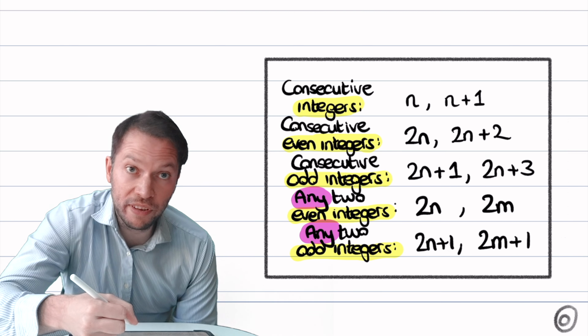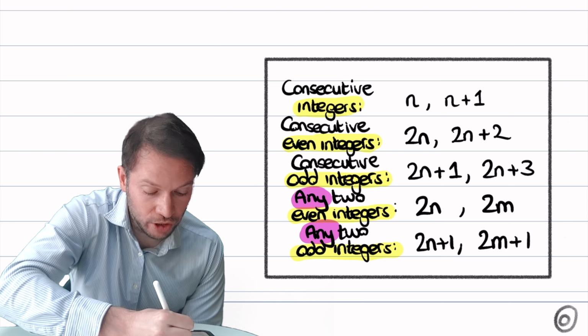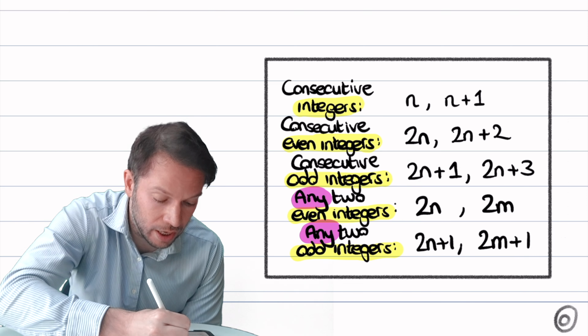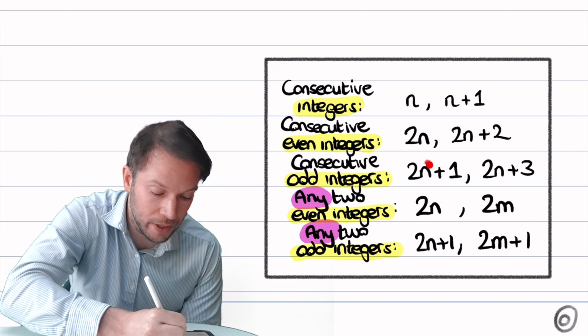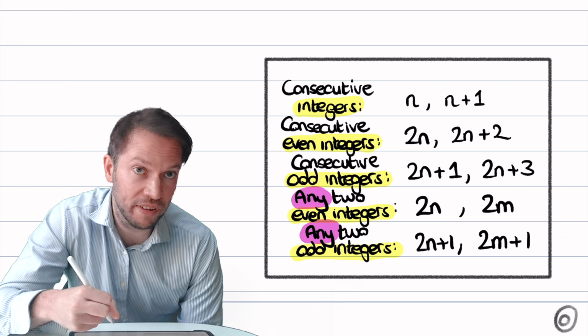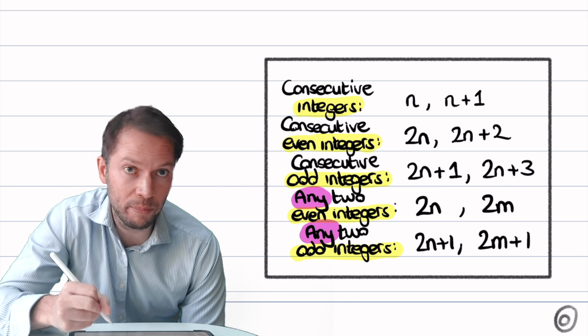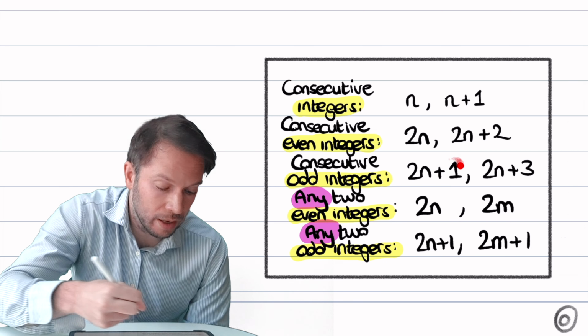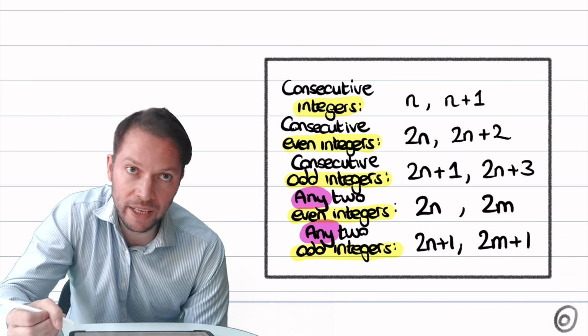And remember, we can represent any possible odd number using, for example, 2n plus 1. The reason that works is because if n represents a whole number, 2 times any whole number will always be even. So 2n represents any even number. And then if you add 1, any even number plus 1 will be an odd number.